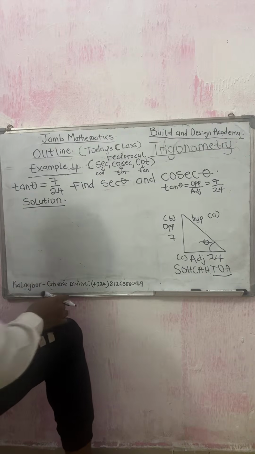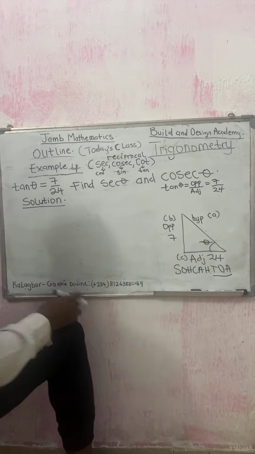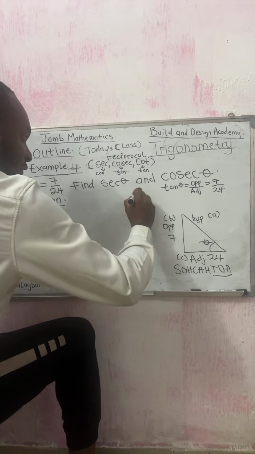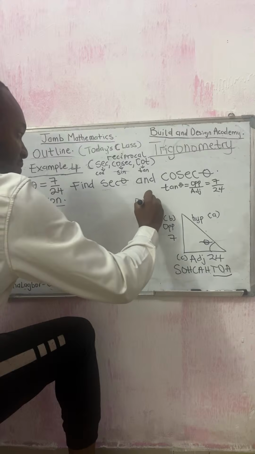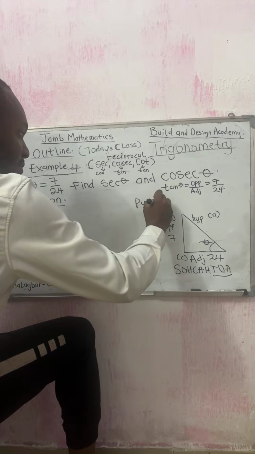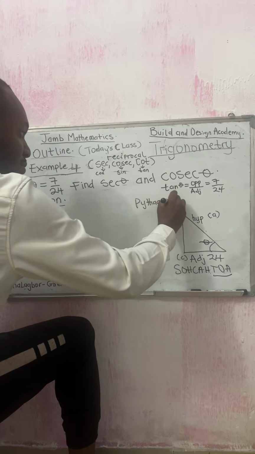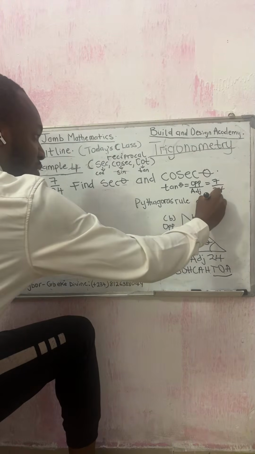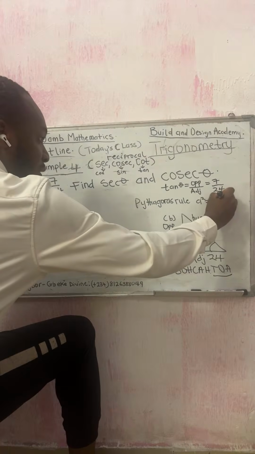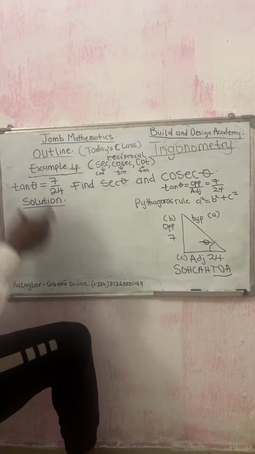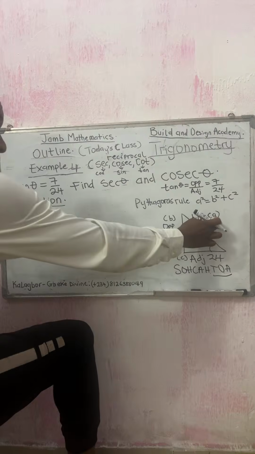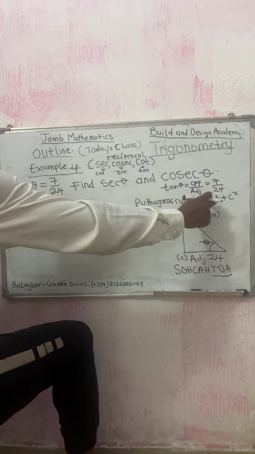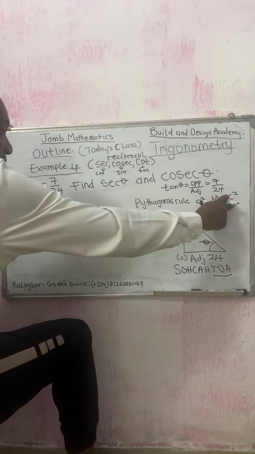So now the first step is to find this hypotenuse. From Pythagoras rule, we know that a square is equal to b square plus c square. But this time we are looking for a square, so it's already the subject of the formula. So we input the values for b square and c square.